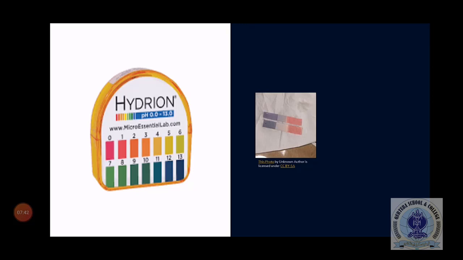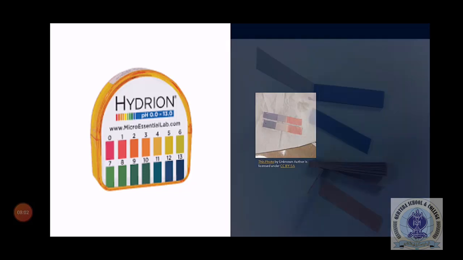As clear in the picture, if you get a reddish color, it means the solution is acidic. When you get a bluish color, that means the solution is basic, and around yellowish to green color, the solution is almost neutral.